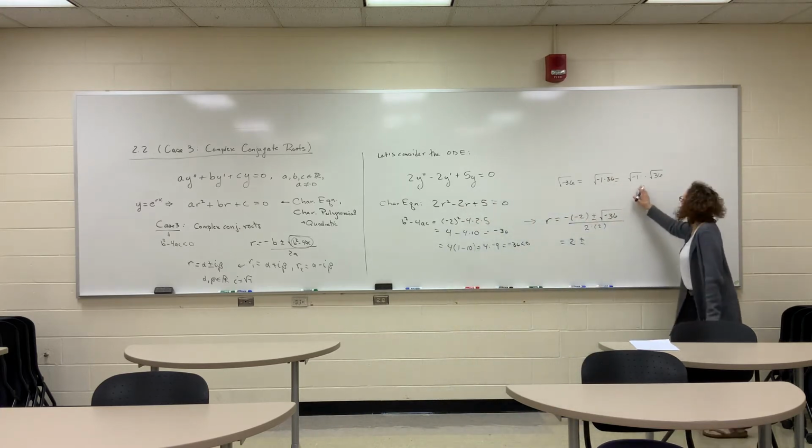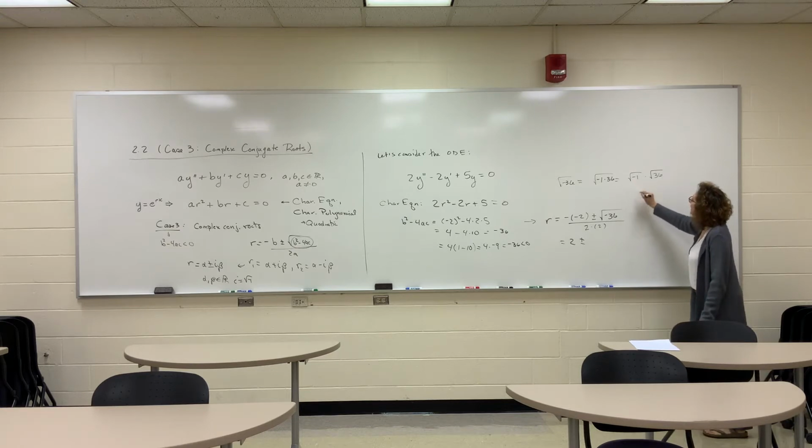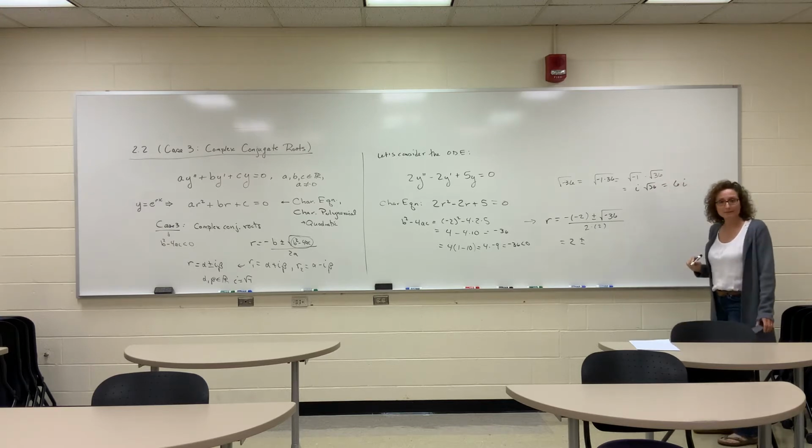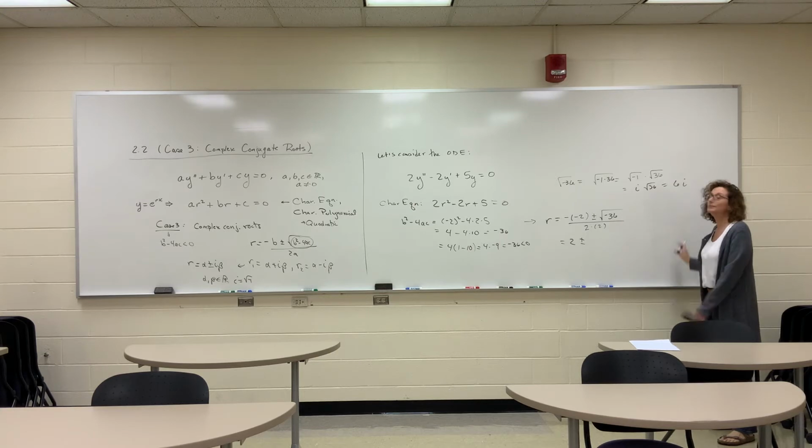And here things are getting a little crazier. The square root of negative 1 is the thing we call i. i times the square root of 36, and the square root of 36 is 6, so 6i. Square roots are positive, right? Okay.